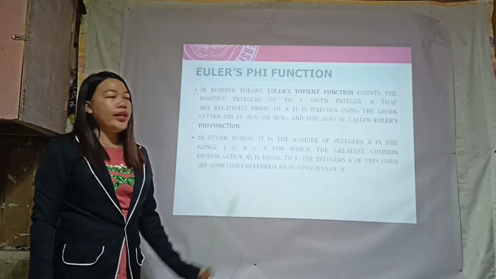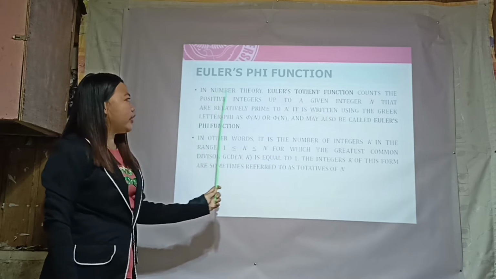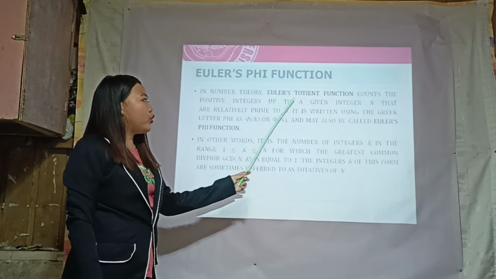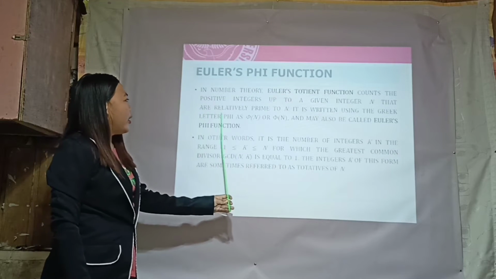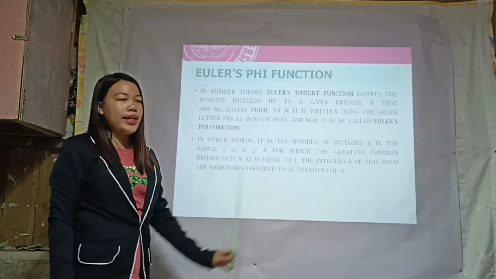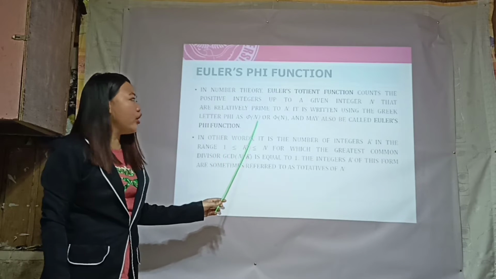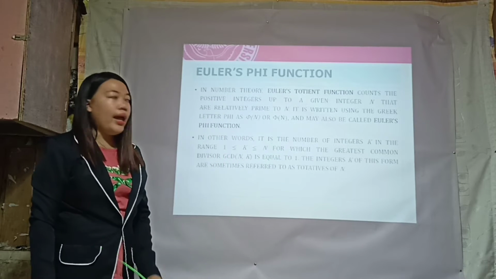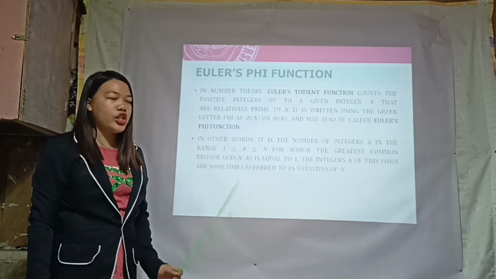In number theory, Euler's totient function counts the positive integers up to a given integer n that are relatively prime to n. It is written using the Greek letter phi as phi of n, and may also be called Euler's phi function.